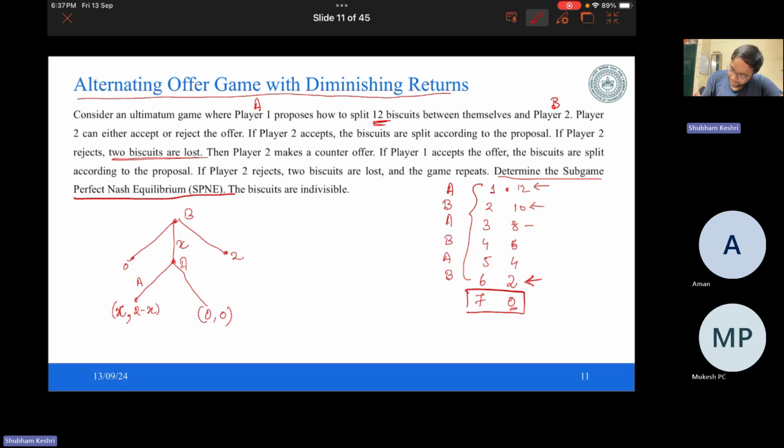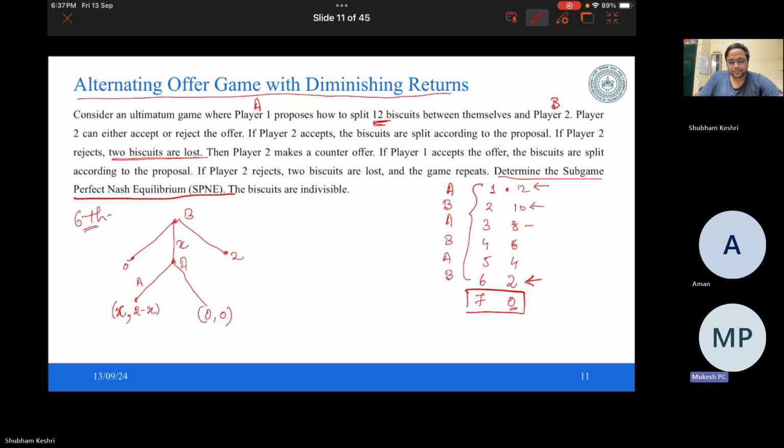Now for this game we are doing backward induction. For the sixth stage, what do you think is the value of X? 1. Why 1?